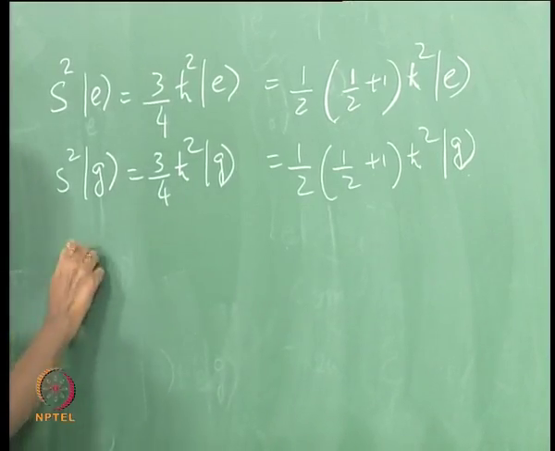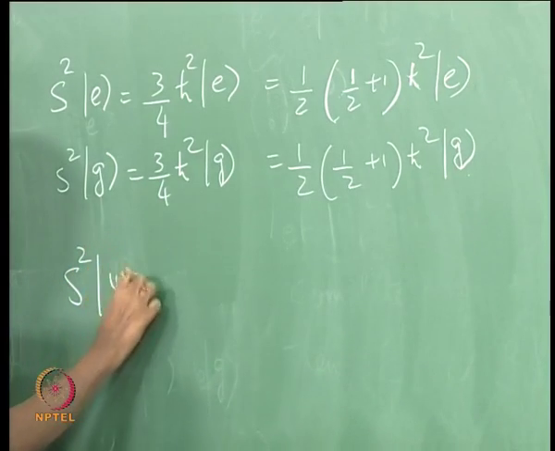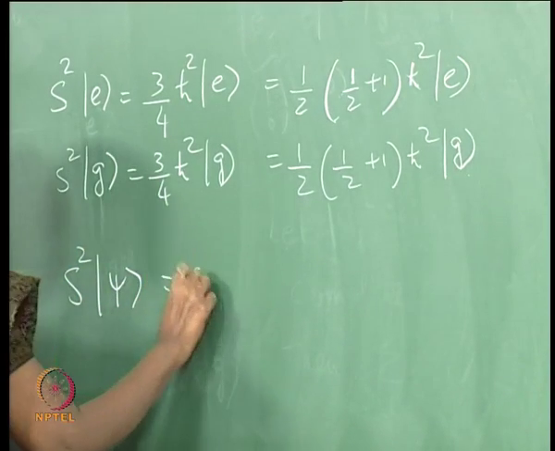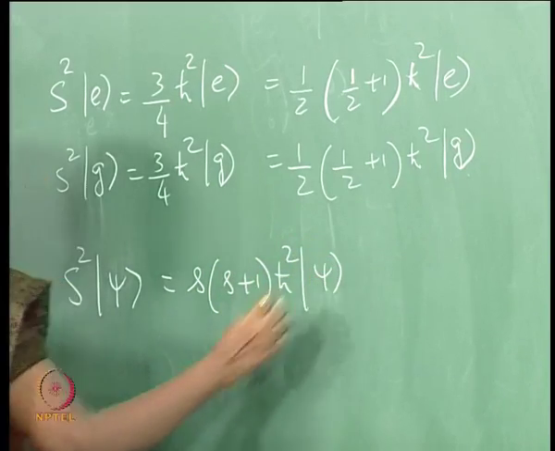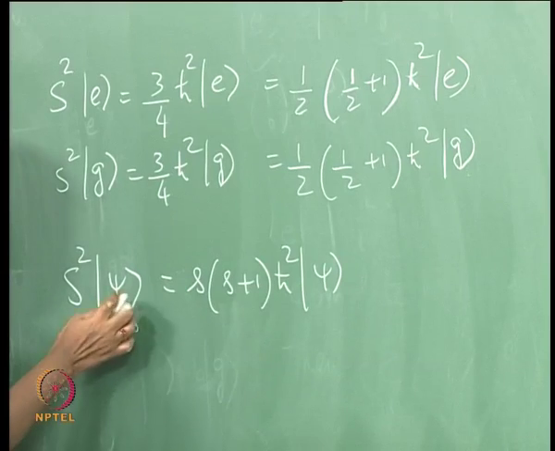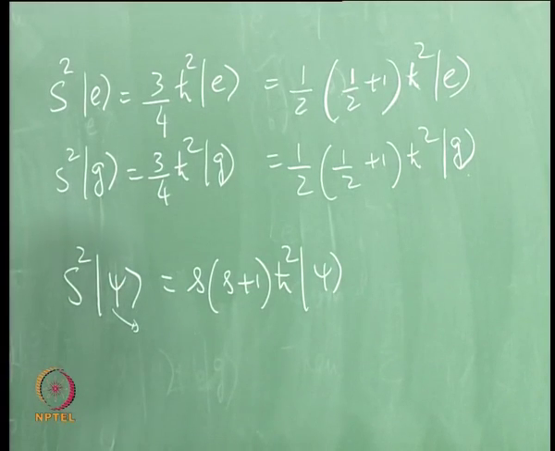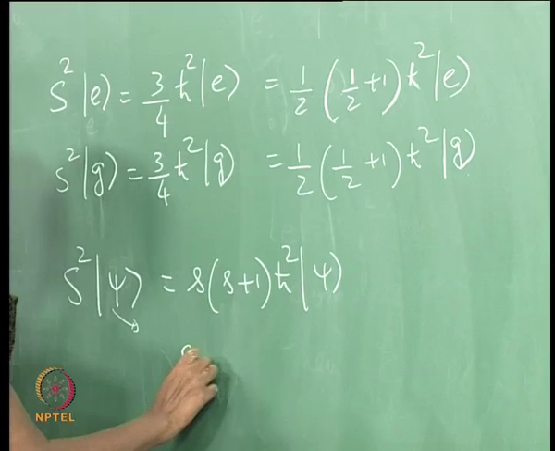I would like to write this in general as S squared acting on an eigenstate gives me s(s+1)ħ squared times the eigenstate, and in this case this state could be either ket e or ket g, and s is equal to half.